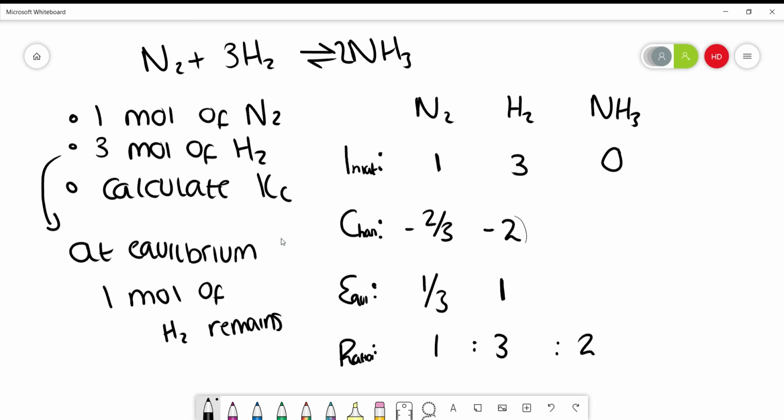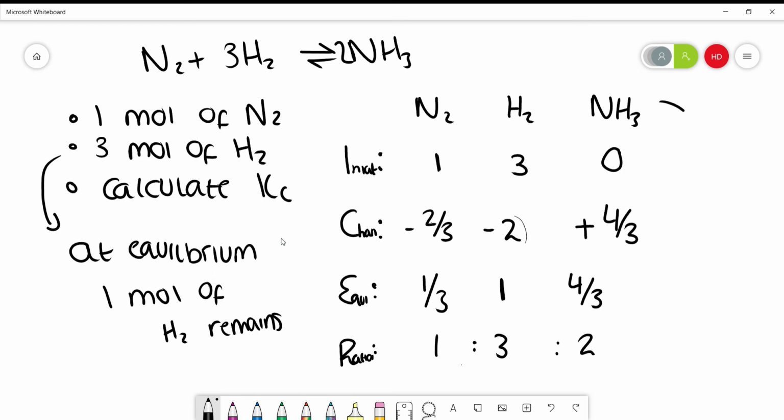And for the NH3, remember, product you're adding, it's not being reacted, so it's not being taken away. You're creating more product. You've got minus 2/3 here, it's a 1 to 2 ratio, so you multiply this minus 2/3 by 2, so it's 4/3. And remember you're adding, so it's plus 4/3. So at equilibrium you have 4/3.